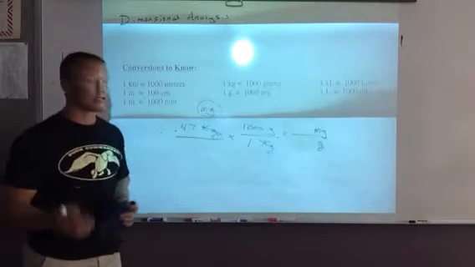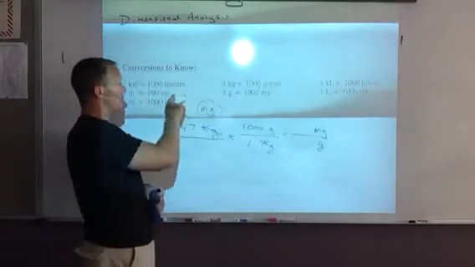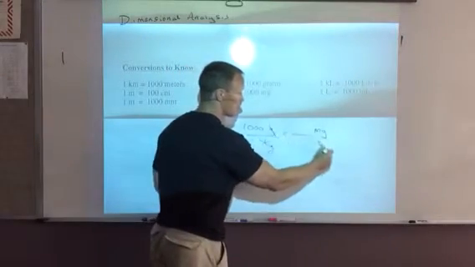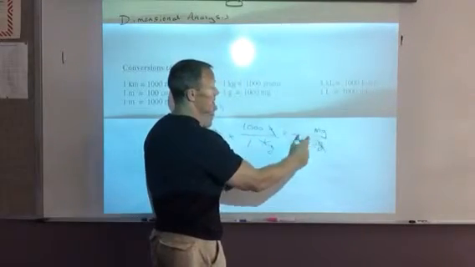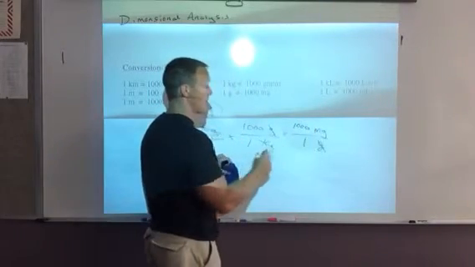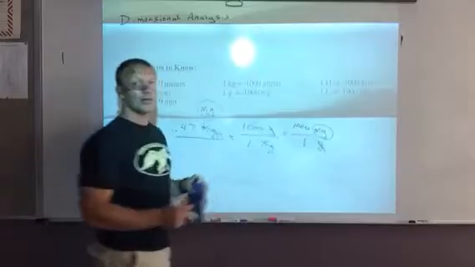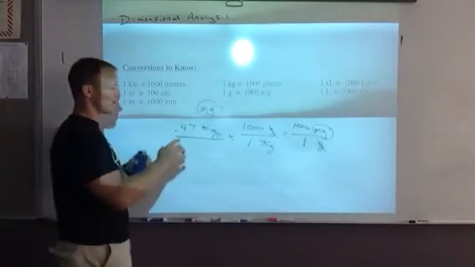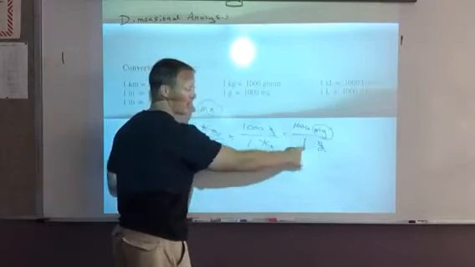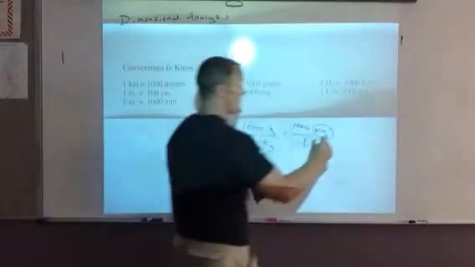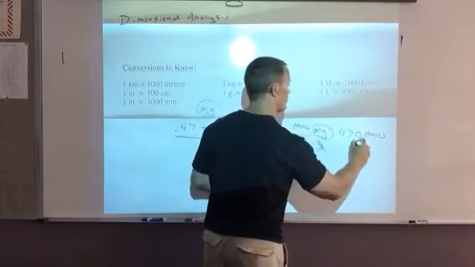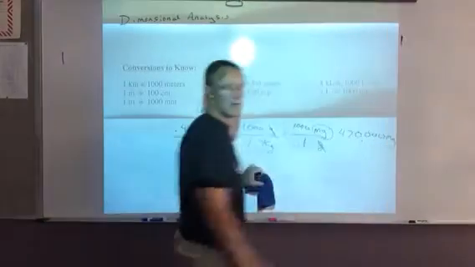So if you just know these conversions that always contain a base unit, you can do all of them. Grams and grams cancel. A gram is 1,000 milligrams. I'm left with milligrams for my label on top, so I know that's correct. Again, I just multiply the top numbers, 0.47 times 1,000 times 1,000, dividing by a 1, dividing by a 1. So it's going to give me 470,000 milligrams.